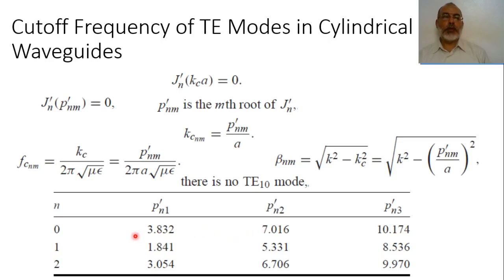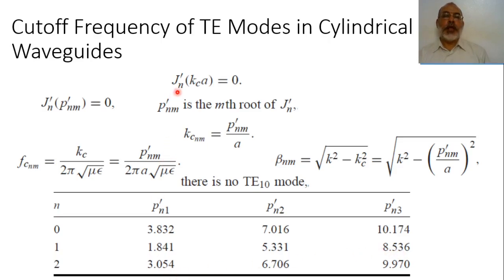If I'm talking about the Bessel function J1, the root of the first derivative of J1, the first root is 1.841, the second root is 5.331, and the third root is 8.536.